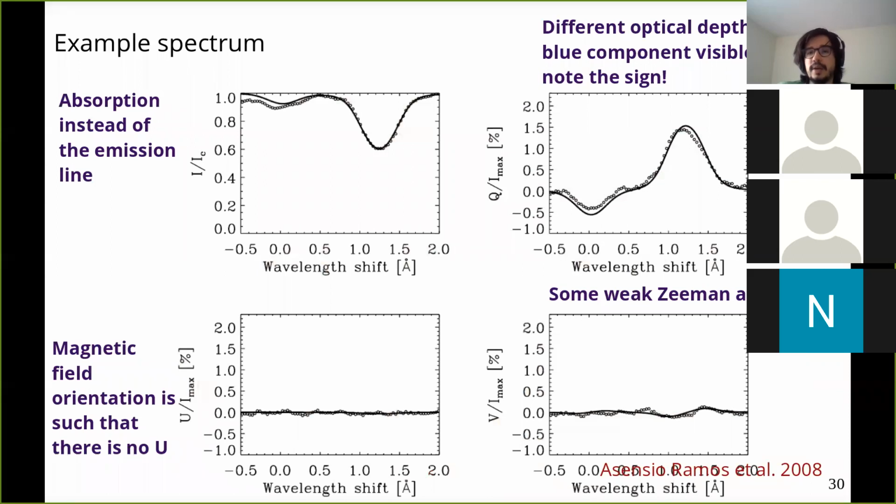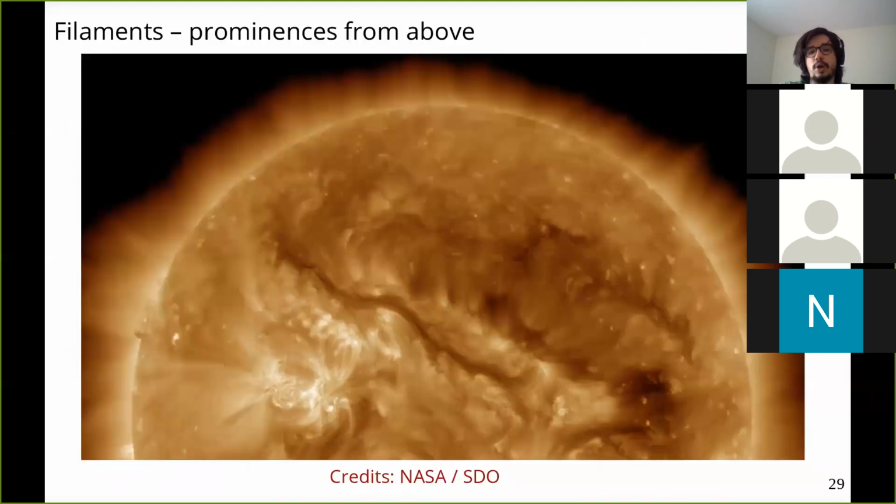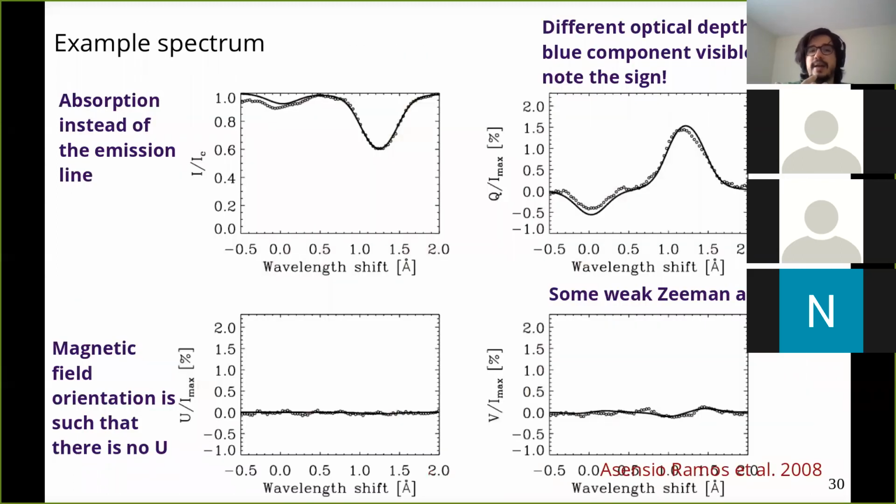And what you see here is, again, a filament spectrum. And the filament spectrum now, because we are looking at this on the disk, we see the lines in absorption and not in emission. Can somebody tell me, from the radiative transfer point of view, why are the lines in absorption and not in emission?